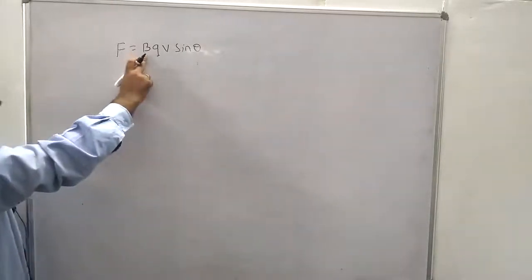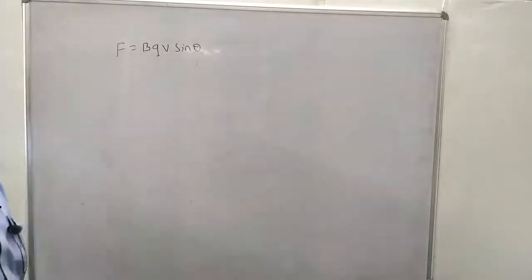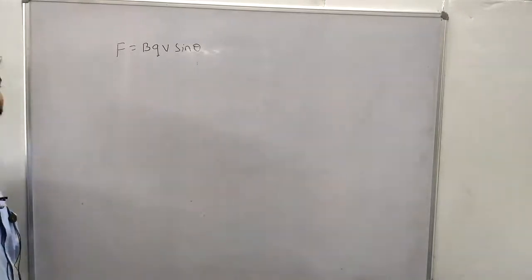The force experienced by a moving charge in the region of a magnetic field is called what? Magnetic force. So the magnetic force depends on charge, velocity and the magnetic field.